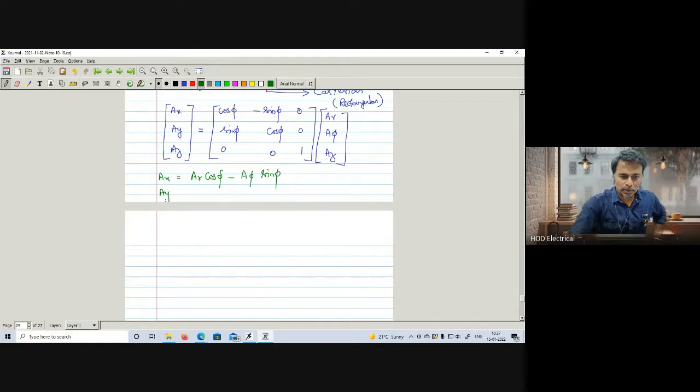Then AY equal to AR into sine phi plus A phi into cos phi. Then AZ is equal to AZ. So this is what we have done.